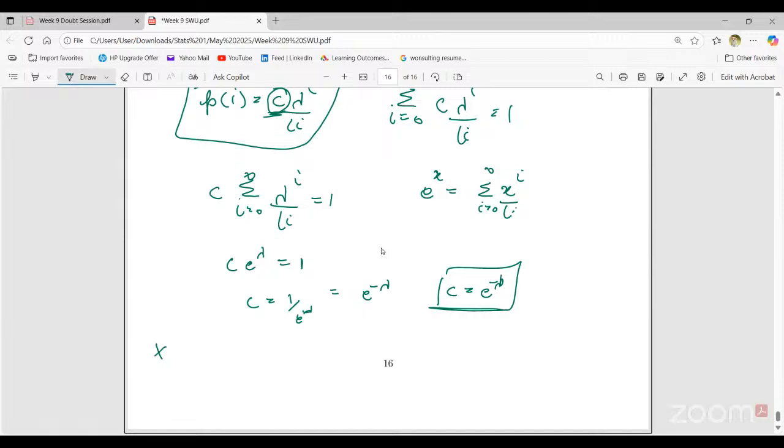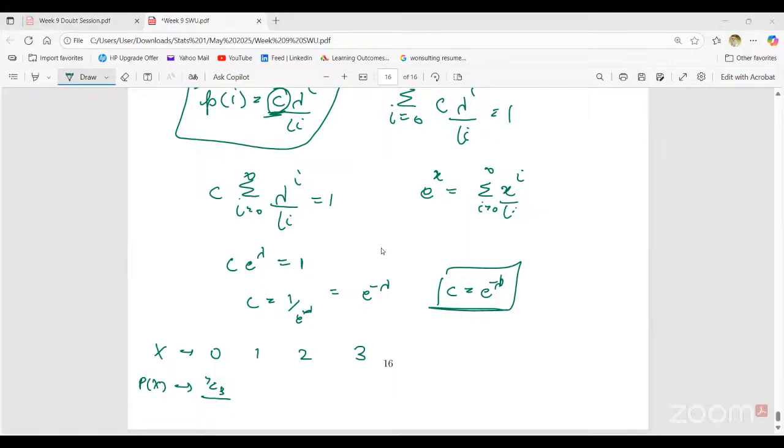My value of X is going from 0, 1, 2, 3, correct? Now, 0 means there are no red balls, correct? That means all of my 3 balls are blue. So what is the probability of getting that? How many blue balls are there? 7. So from 7, I have to select 3 balls, divided by, in total, from 10 balls, I have to select 3 balls, right? Yes, ma'am. Yeah, so this will be my probability.